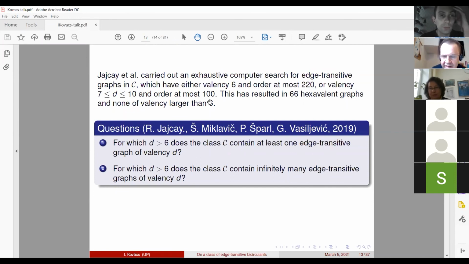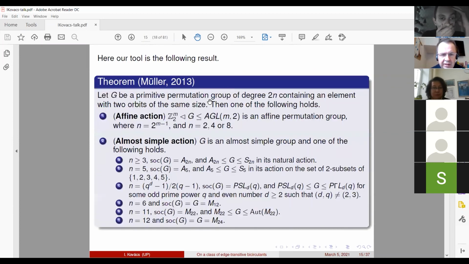But for n even, there are many difficulties. One difficulty is, for example, if n is even, you need to worry about these affine group actions, because the degree is 4, 8, 6, and it does not appear for n odd. So one difficulty is to handle this case, which will appear at some point.